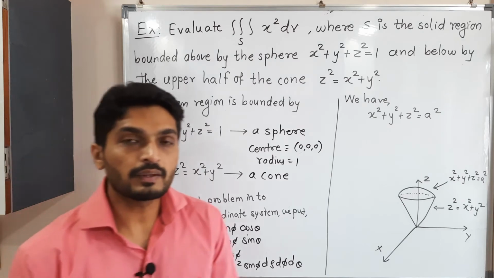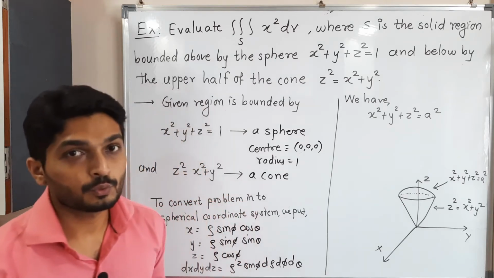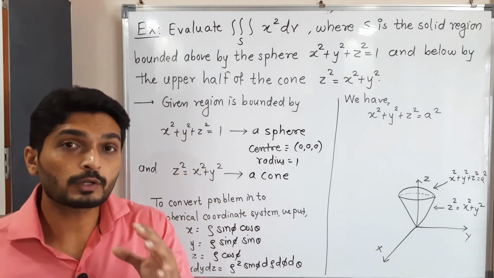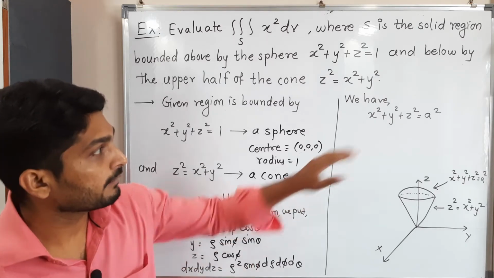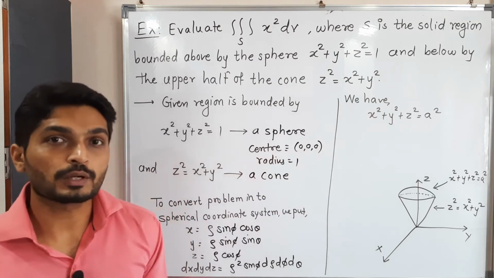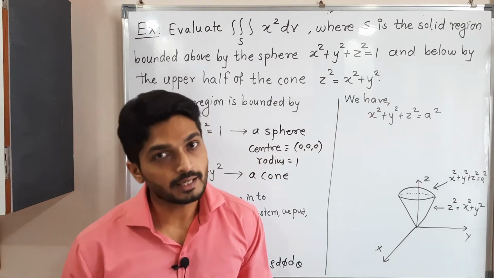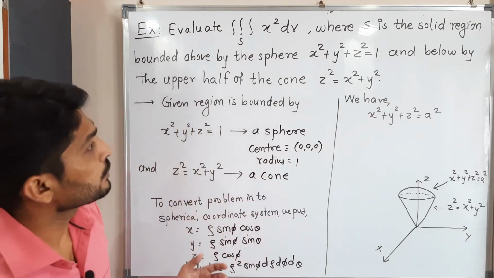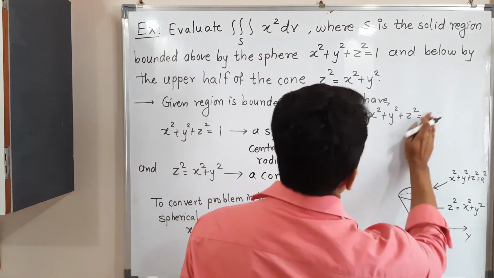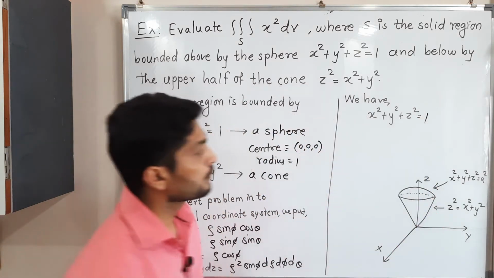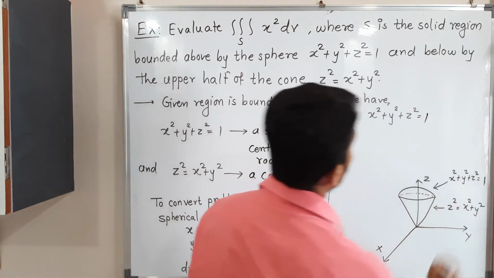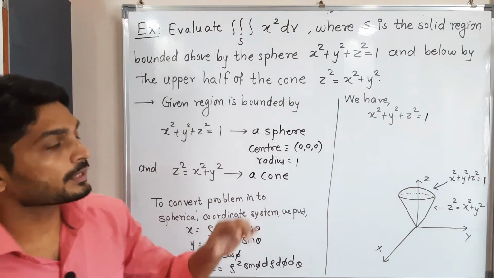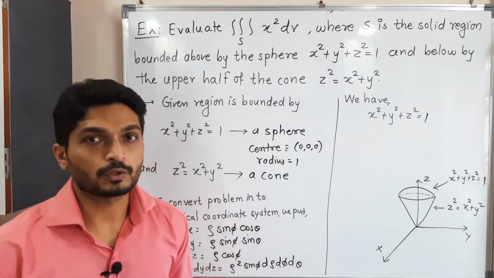When we put these things, our first task is to convert all those equations into the spherical coordinate system. We have the first equation x square plus y square plus z square is equal to 1. Sorry, not a square, here we have 1. So we have to convert this equation into the spherical coordinate system.